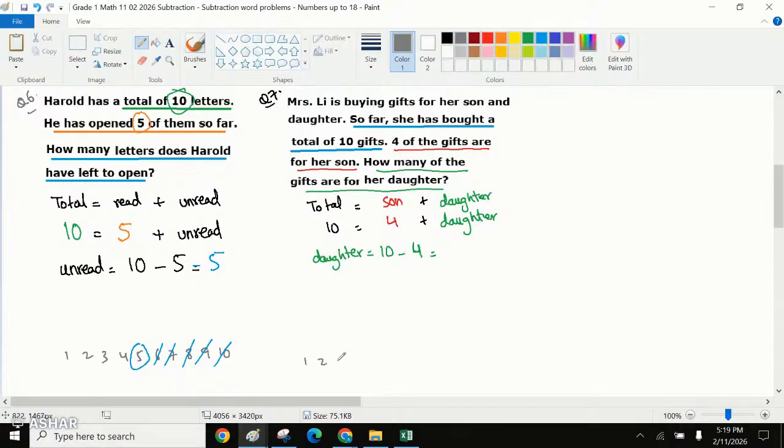We can write down the numbers up to 10, and we simply remove the 4 gifts that were for her son, and she's left with 6 gifts for her daughter, right? Or we can also say 10 minus 4 equals 6. Do we agree? Any questions up till now?